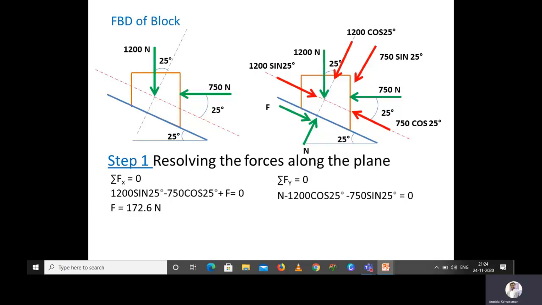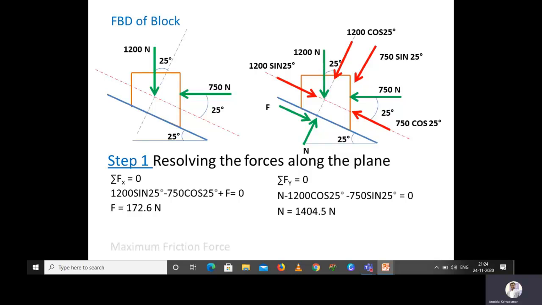So normal reaction N is positive, and 1200 cos 25 degrees and 750 sine 25 degrees are negative. Equating to 0, we calculate the normal reaction N is equal to 1404.5 Newton.